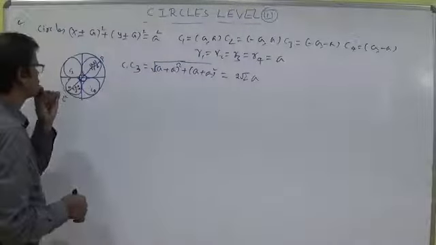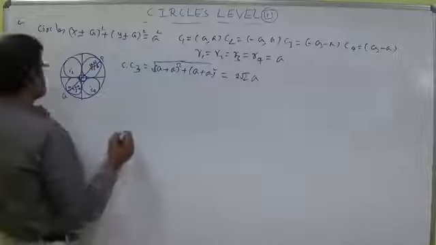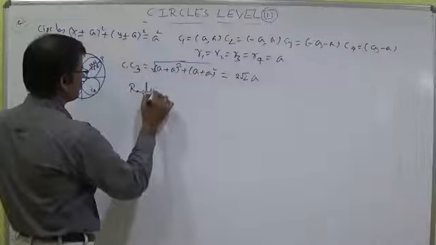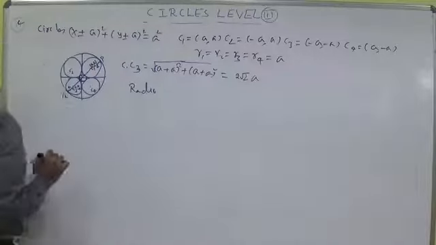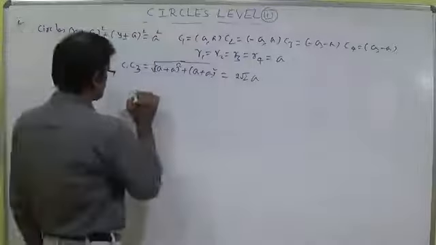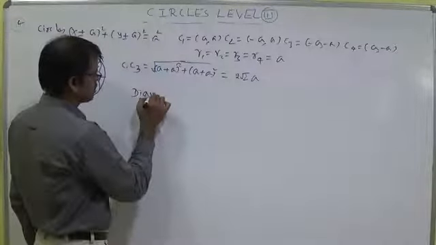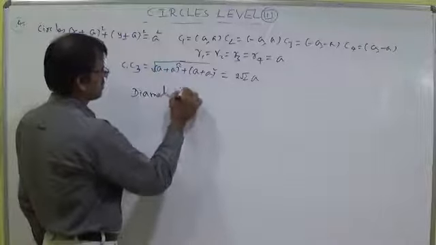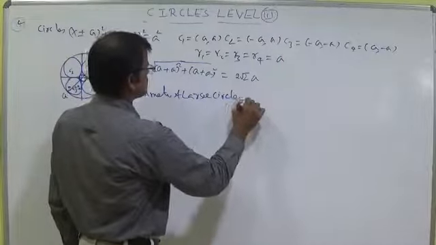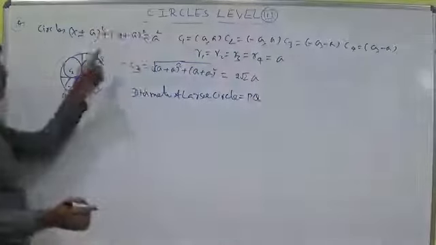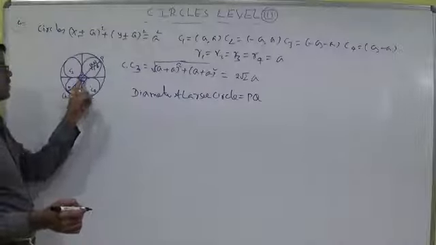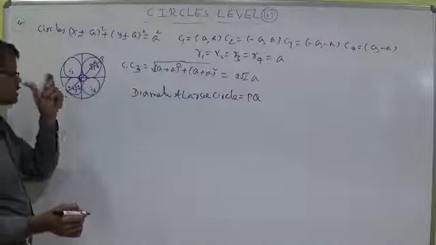One thing is needed. Now let us discuss the radius of the large circle. First let us discuss the diameter of the large circle; later we can say radius. The diameter of the large circle is equal to PQ, full PQ. This is QC3, then C3C1, and C1P.